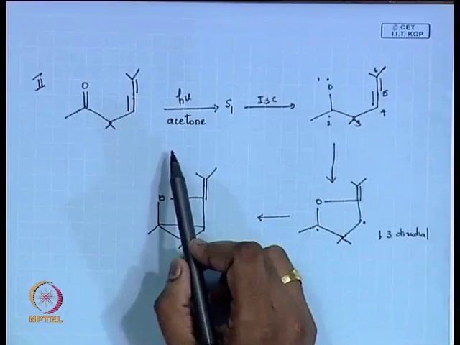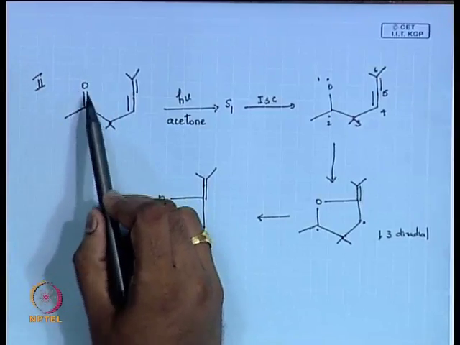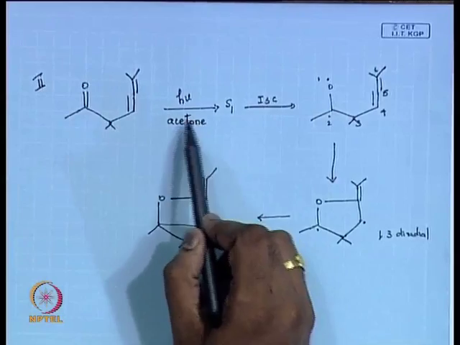What happens? Any idea? Yeah. See, I have used acetone as my solvent, and you think about this: the excitation of this ketone is the same as the excitation of acetone also.